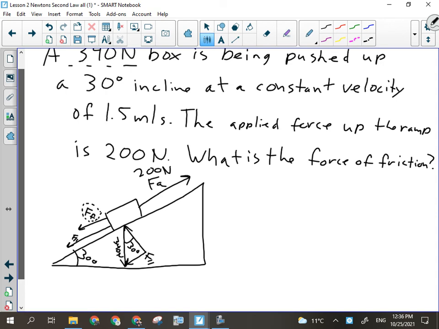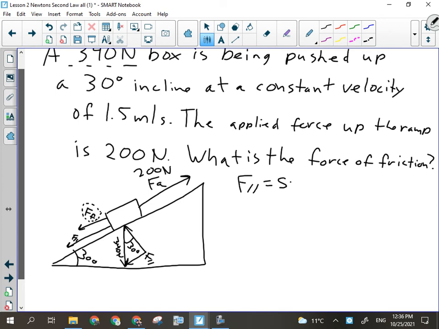What else can I calculate right now? I can't calculate force normal, and I don't need it. I can calculate F parallel. I can calculate this side of the triangle because I have the angle, and I've got this, 340 newtons. Everybody with me there? I'm going to calculate F parallel the same way I always do.